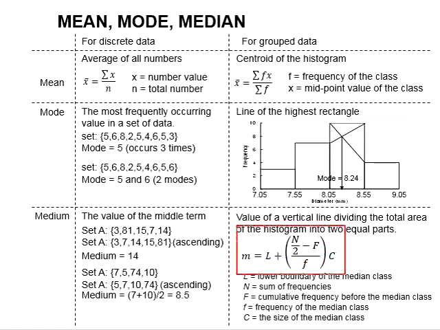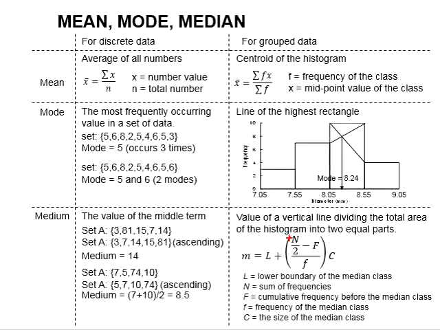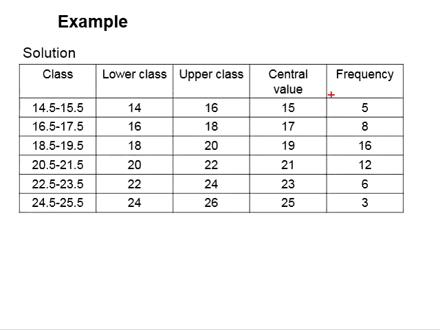Alternatively, you may use the equation to help you compute the value. Both should give you the same value. The L here represents the lower boundary of the median class, which is 18. The N here is equal to 50. N divided by 2 is 25. The F here is the cumulative frequency before the median class, which is the summation of 5 and 8.